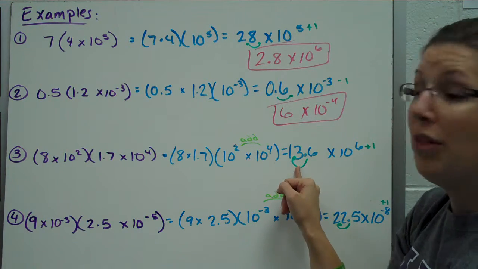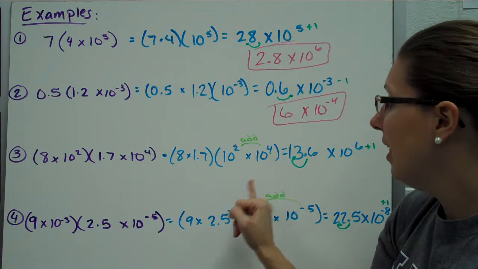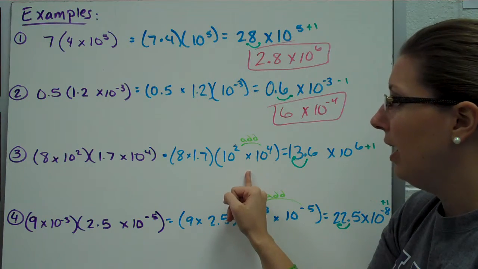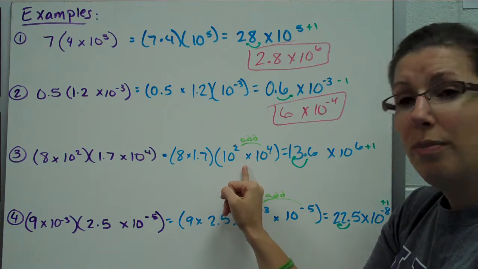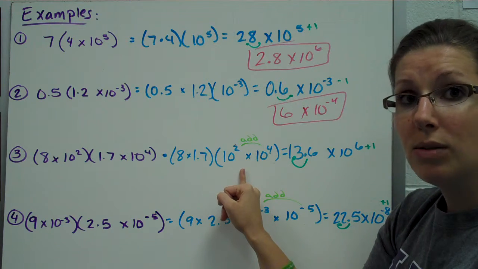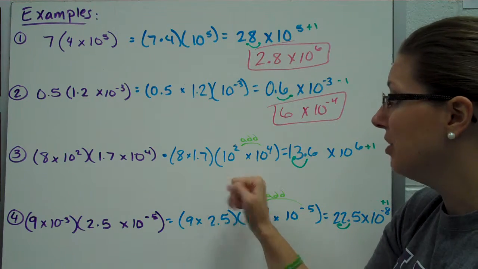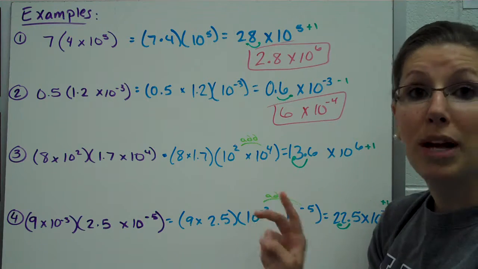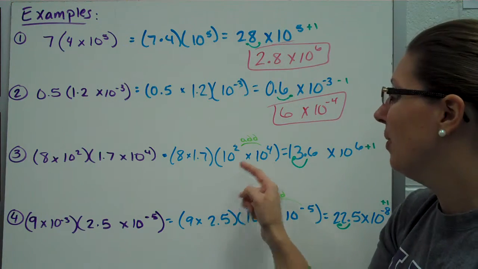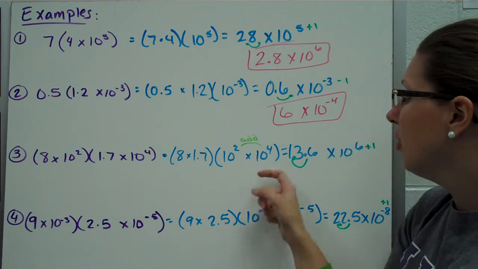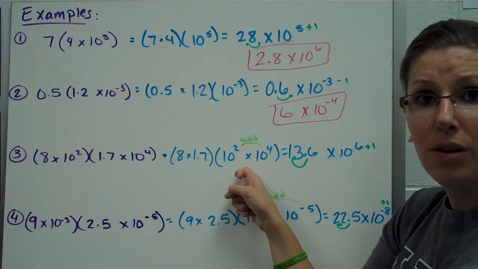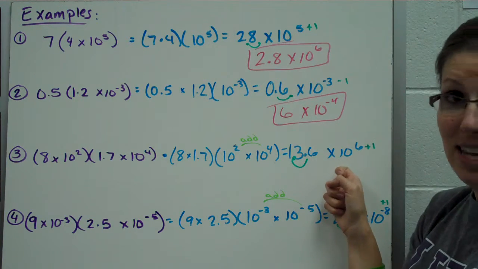That gives me 13.6. Then I regrouped my powers. Remember back when you did your exponent rules, when you multiply 2 powers with the same base, you add their exponents. So this 10 squared times 10 to the 4th now becomes 10 to the 6th.